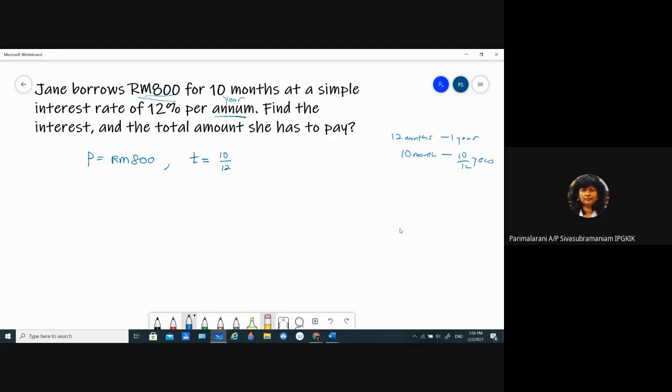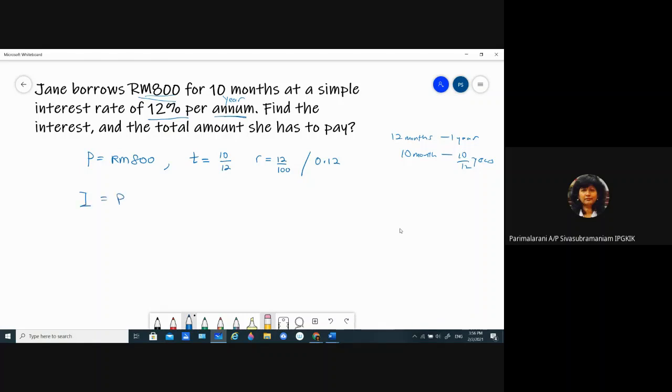Okay, so T is given. And it's given here, interest rate is 12% per annum. So our R is 12%, is 12 over 100. Or you can use 0.12, whichever way. You can use a fraction or you can use decimal, whichever way you like. Okay, so now let's calculate the interest first.